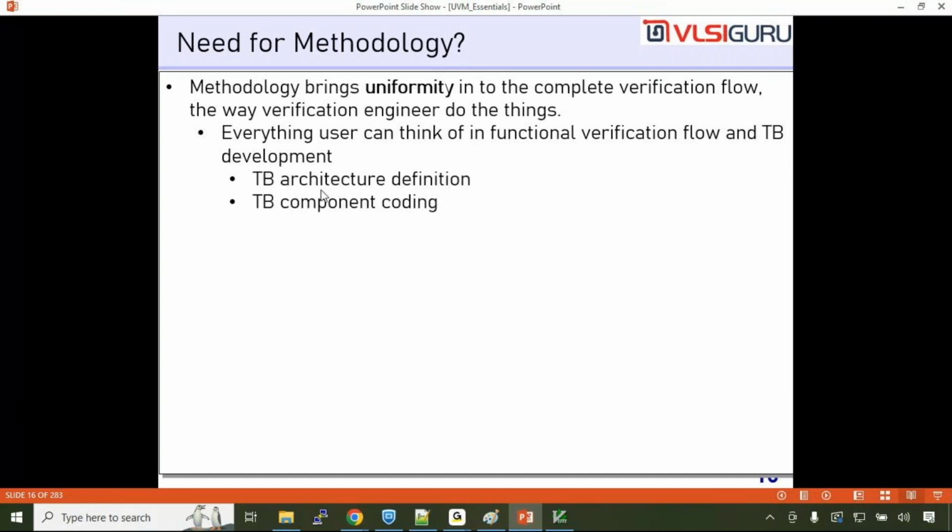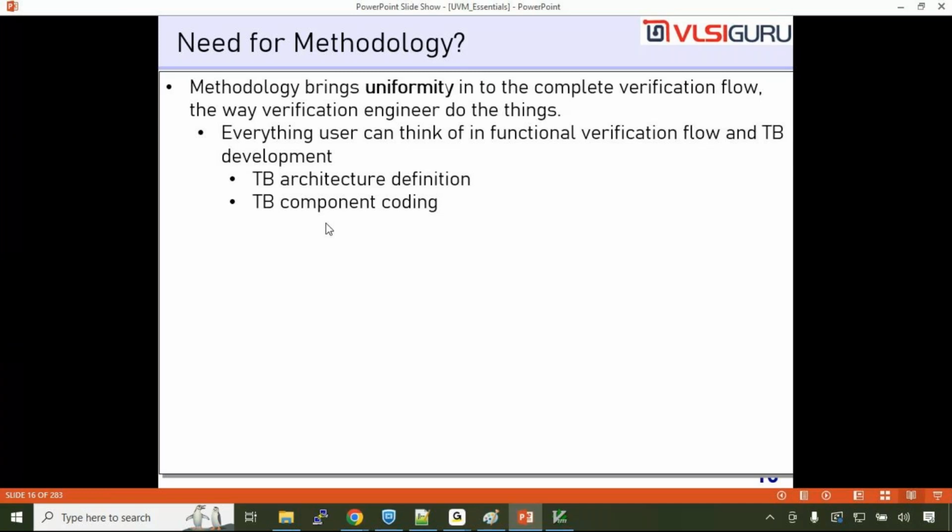For example, you want to develop test bench architecture, do the test bench component coding, or develop coverage. UVM will immediately tell you that the base class is UVM subscriber. You have to register it to the factory. You have to define function new. Then you have to implement function write. Those guidelines you just have to follow.